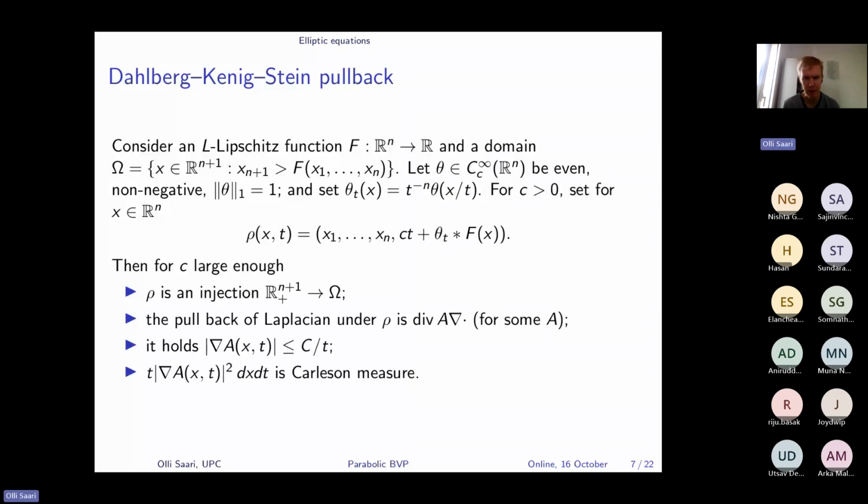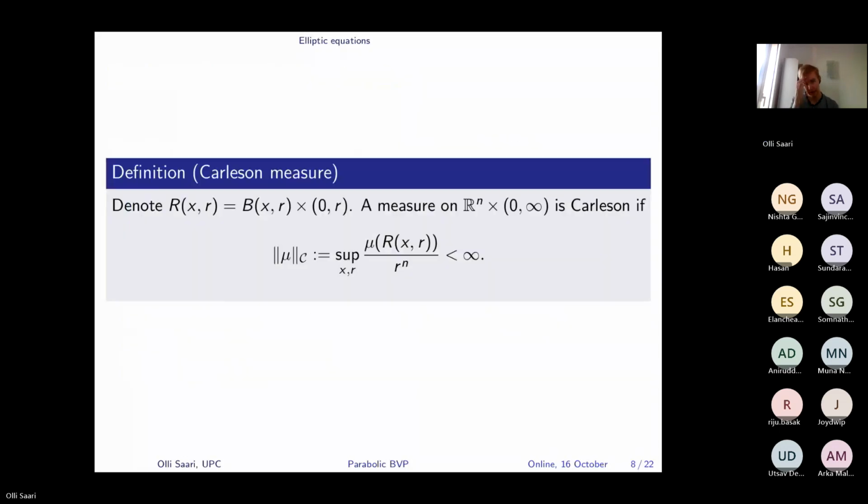So let's fix the terminology so that a set of the form ball of radius r times interval of length r starting from 0 is a Carleson box. And the upper half of the Carleson box is called a Whitney box.